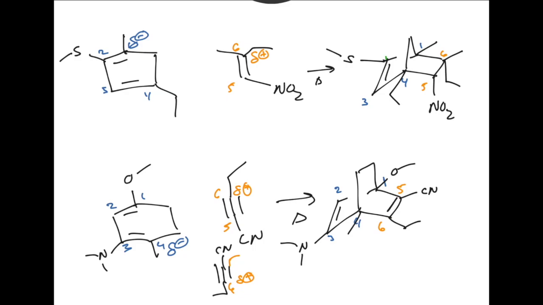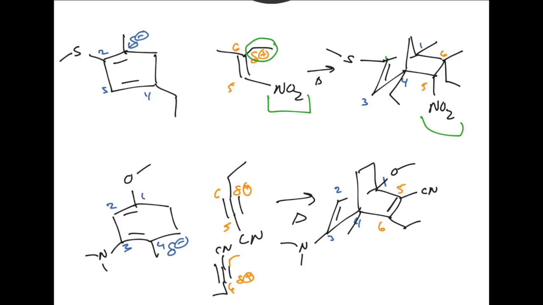The electron withdrawing group above it needs to be straight down, so that's the group you base everything off of. Then you ask what's on the same side as it. This ethyl group also has to be straight down, because if it's on the same side of the dienophile in the starting material, it has to be on the same side of the ring in the product.